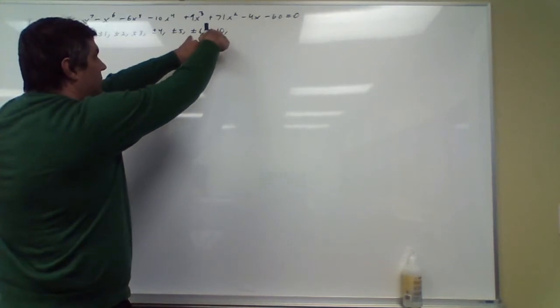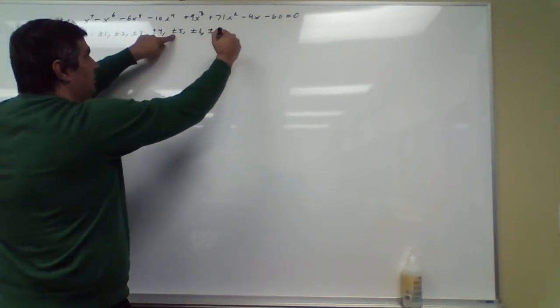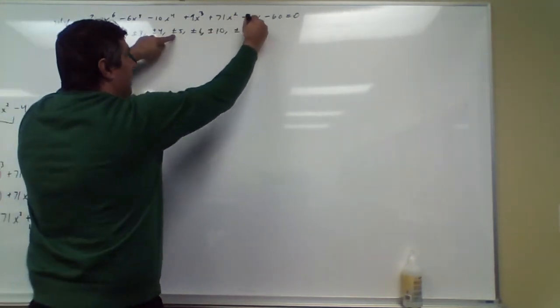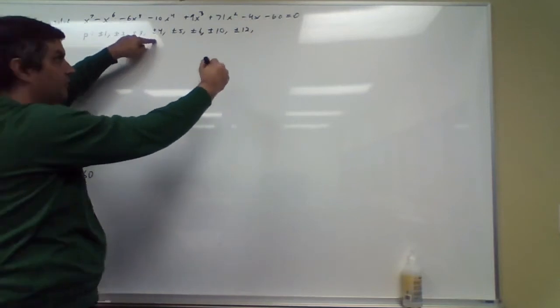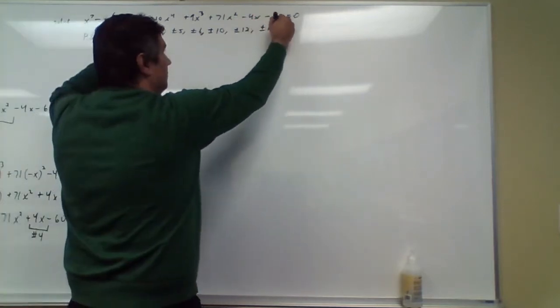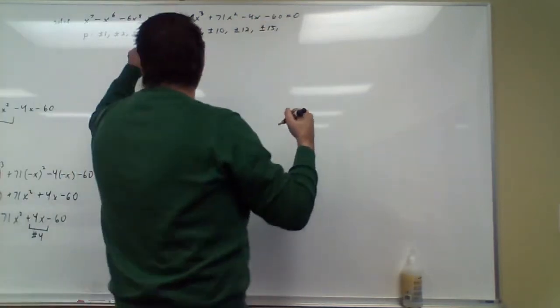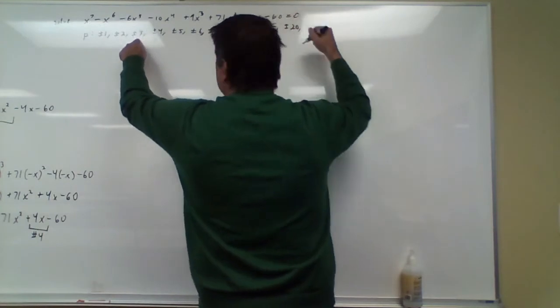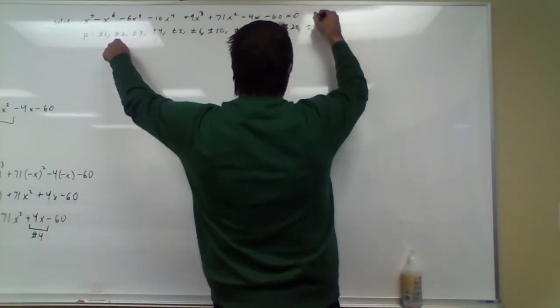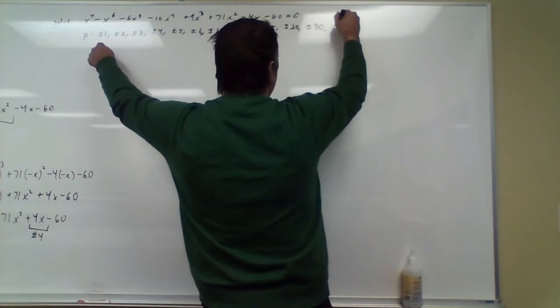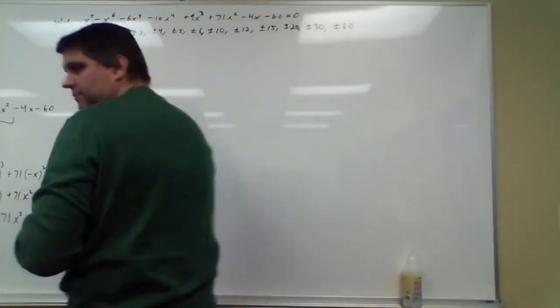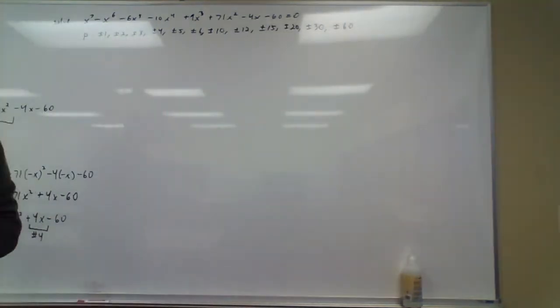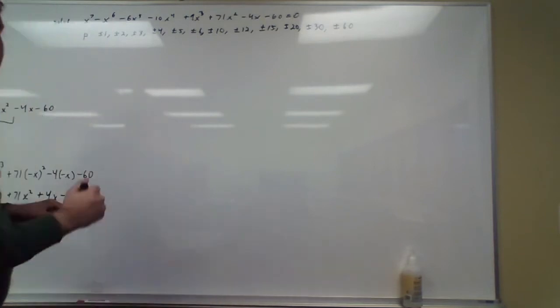So to get the rest of them, we just need to divide. Dividing by 5 gives me 12. By 4 will give me 15. By 3 would give me 20. By 2 would give me 30. And by 1 would give me 60. Okay, so those are all my factors of 60.